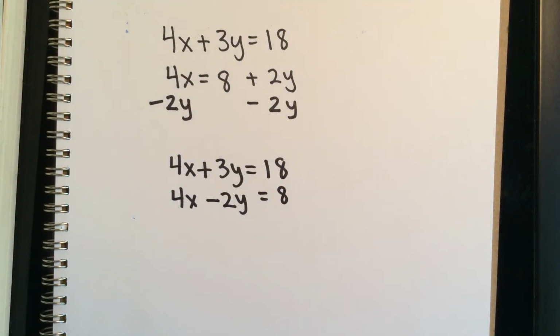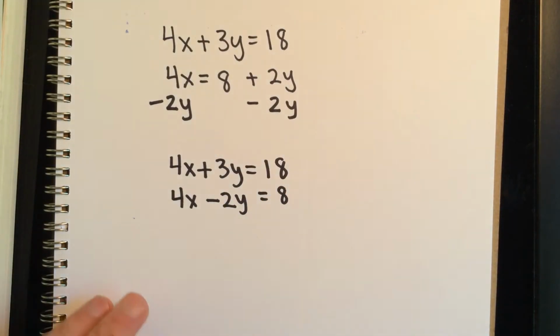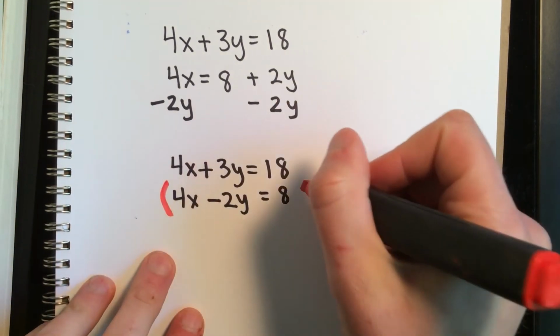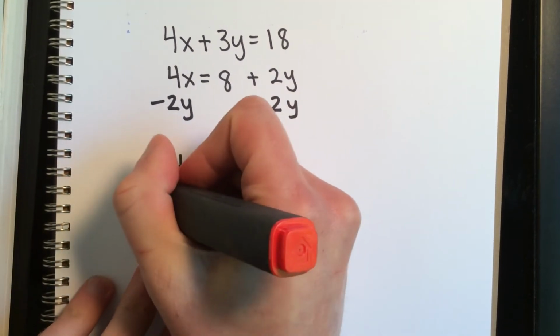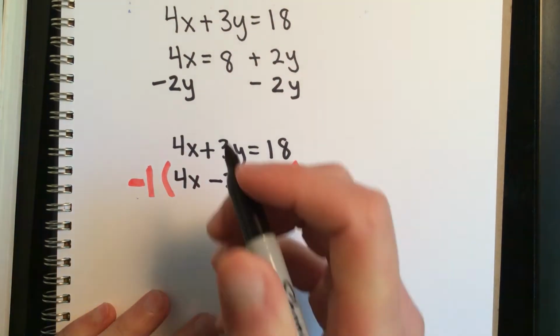Okay, so now we are going to do the step like we did in our last equation, because if we add these two equations together now, nothing's going to cancel out. So I'm going to multiply this bottom equation here by -1. Okay, so again, I'm going to rewrite my equations here.